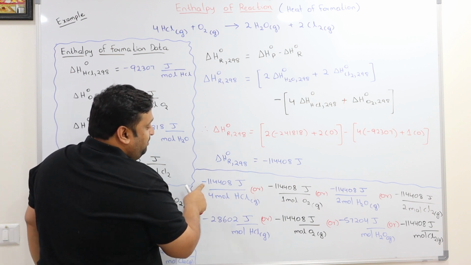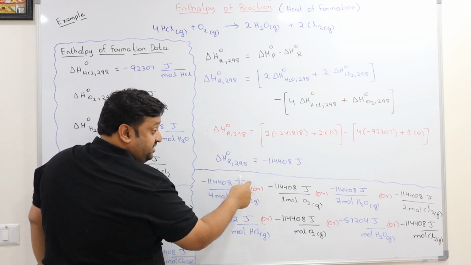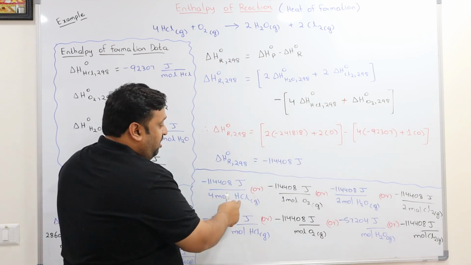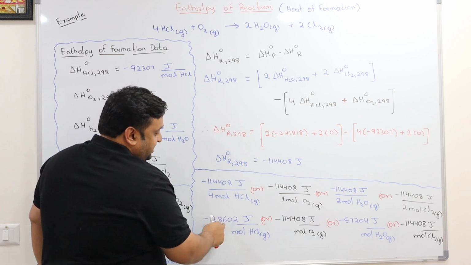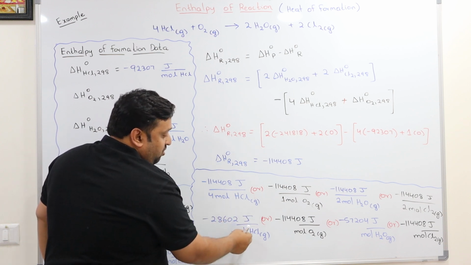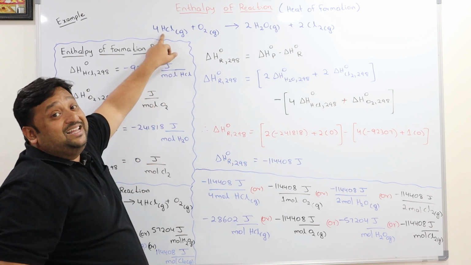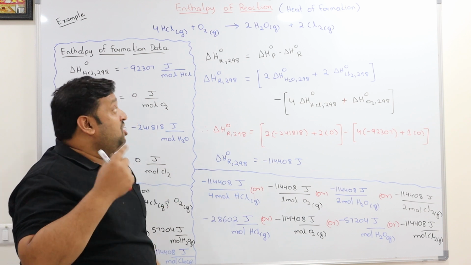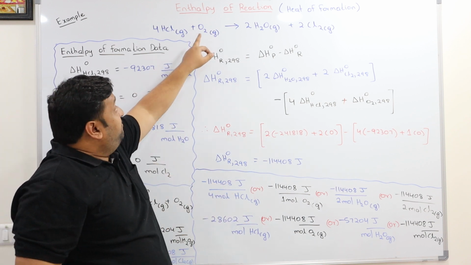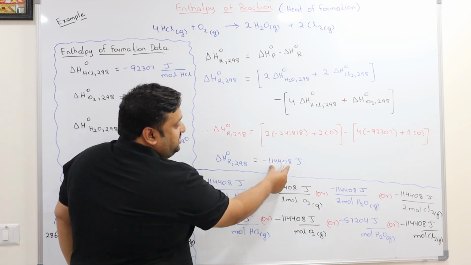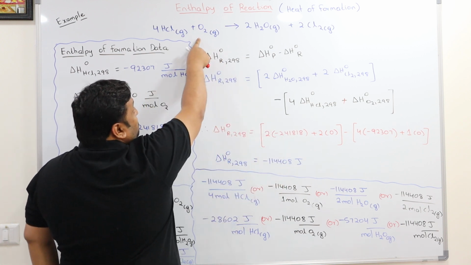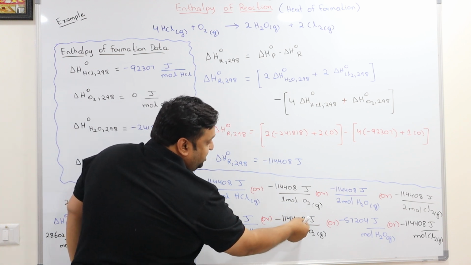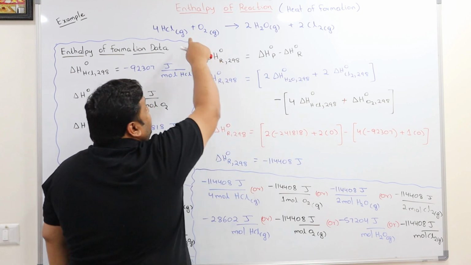The enthalpy of the reaction, minus 114408 joules, divided by 4 moles of HCl gives minus 28602 joules per mole of HCl. That means every 1 mole of HCl reacting releases 28602 joules of energy. For every 1 mole of oxygen consumed in the reaction, minus 114408 joules per mole of oxygen.